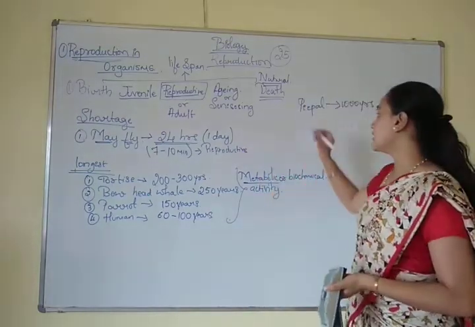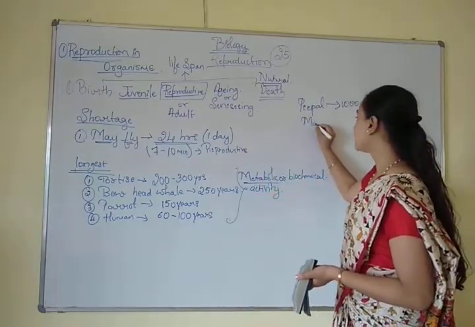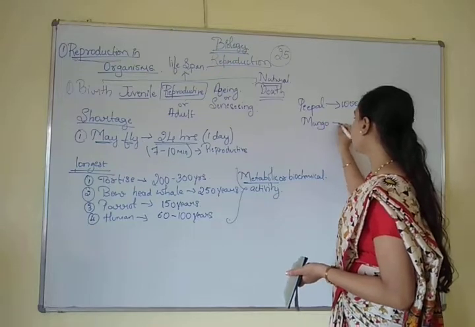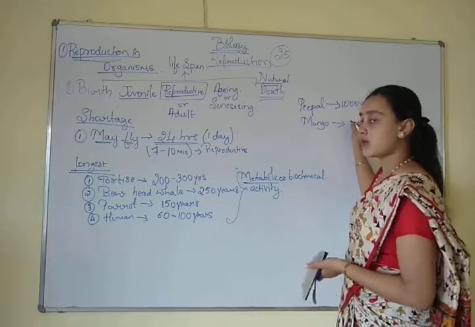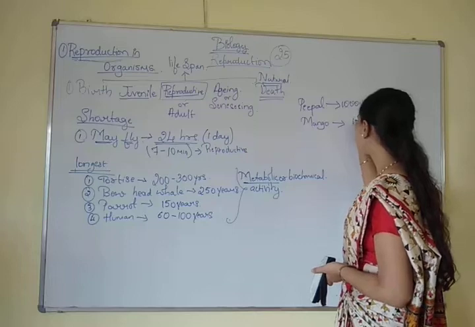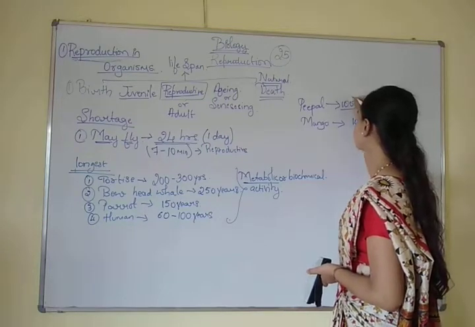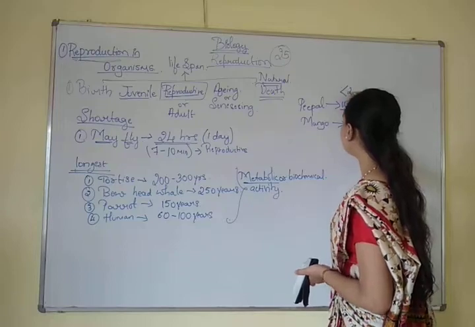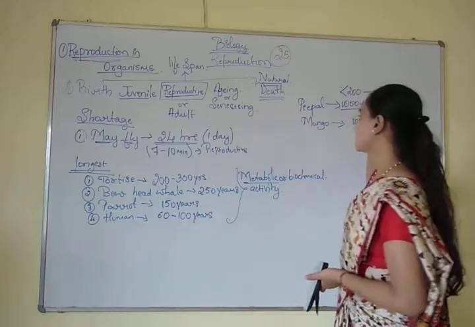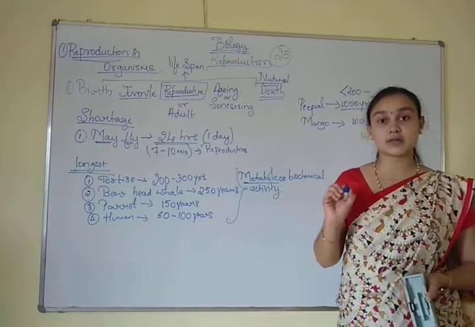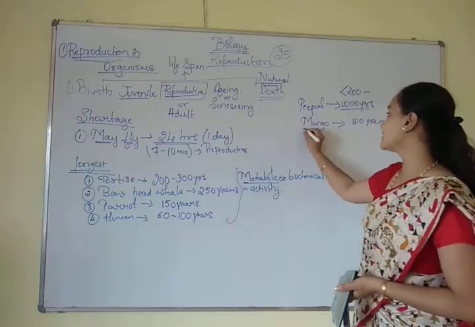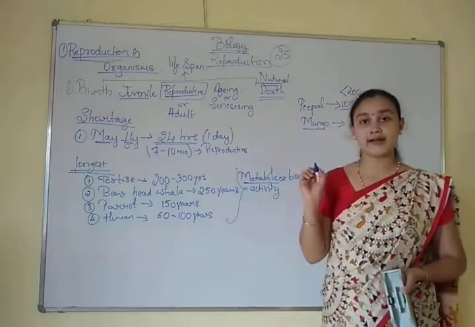Okay, now if we take a mango tree, it has a lifespan of 100 years. So the peepal tree is the longest known, up to 1000 years, whereas in the mango tree it is around 100 years.